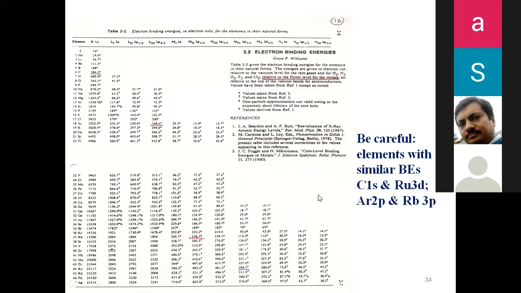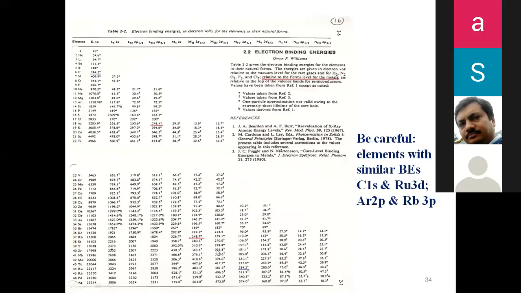So here you can see that carbon 1s, argon 2p and rubidium 3p are overlapping because of their slightly similar binding energy values. Carbon appears at 284.2, whereas argon appears at 248.4 and rubidium appears at 248.7. So these peaks are going to overlap.